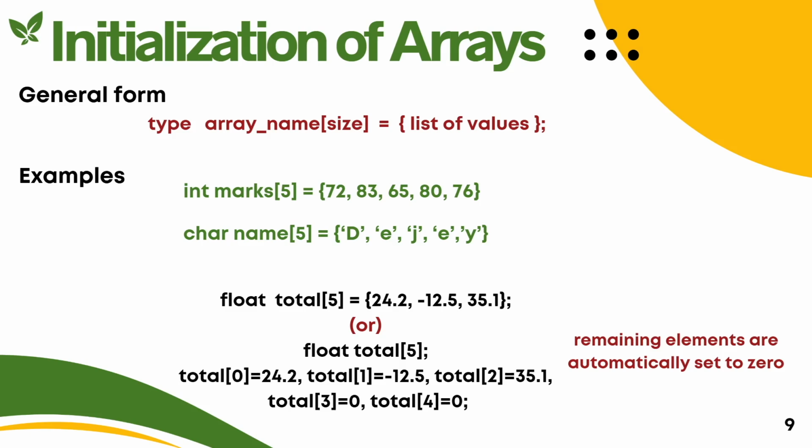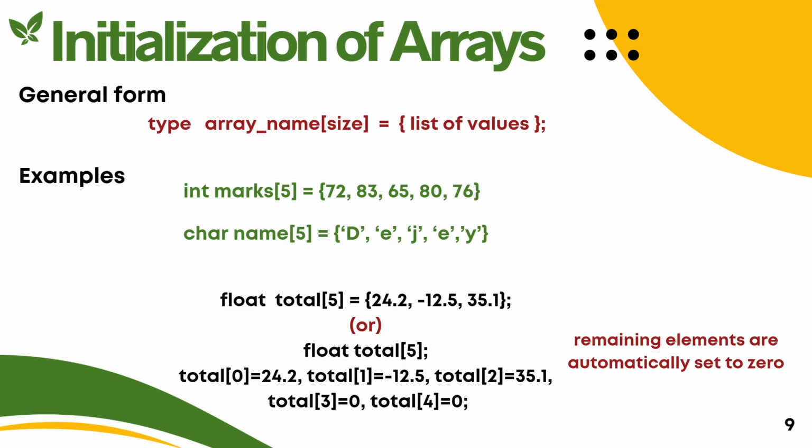So, next is how to do initialization of arrays. The general form is that we specify its type, its name, its size, and in order for initializing it, we may have to add this equal to symbol followed by set of values in that array enclosed within braces and terminated by a semicolon.